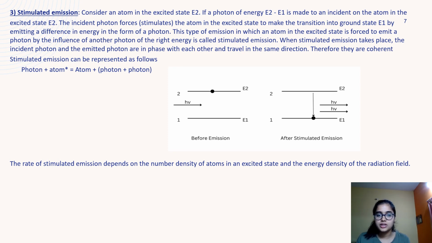The rate of stimulated emission depends on the number density of atoms in an excited state and the energy density of the radiation field. That is, the rate of stimulated emission is directly proportional to N2 E mu.